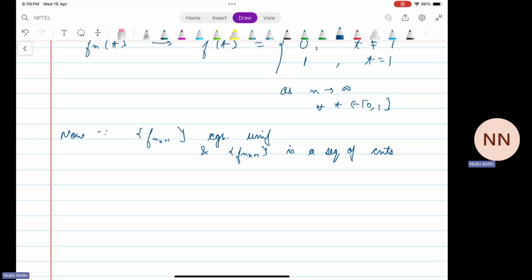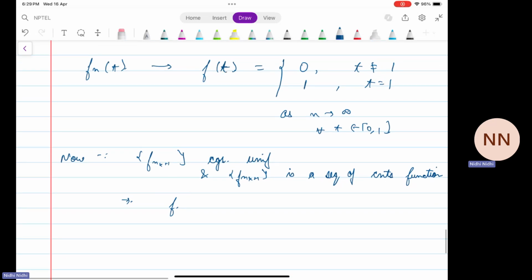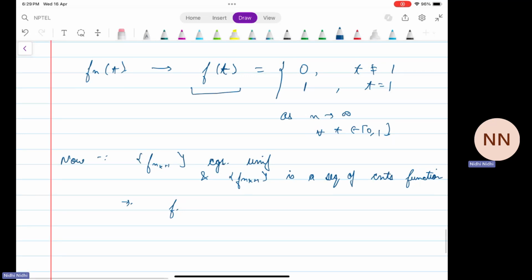Obviously the uniform limit should also be the pointwise limit, and by uniqueness, the uniform limit should be equal to this pointwise limit.